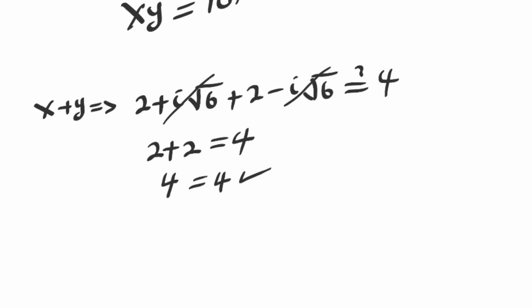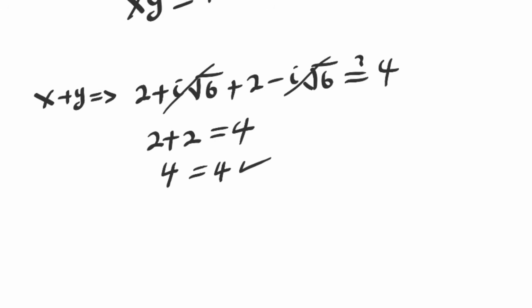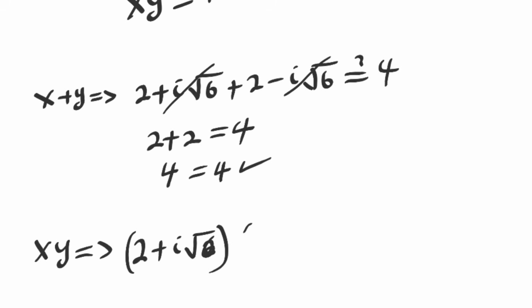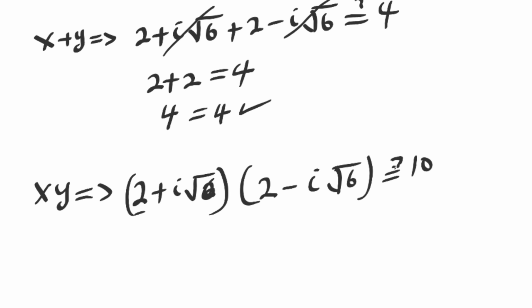Now let us consider this. xy is 2 plus i root 6 multiplied by 2 minus i root 6 must be equal to 10. 2 multiplied by 2, that is 4.